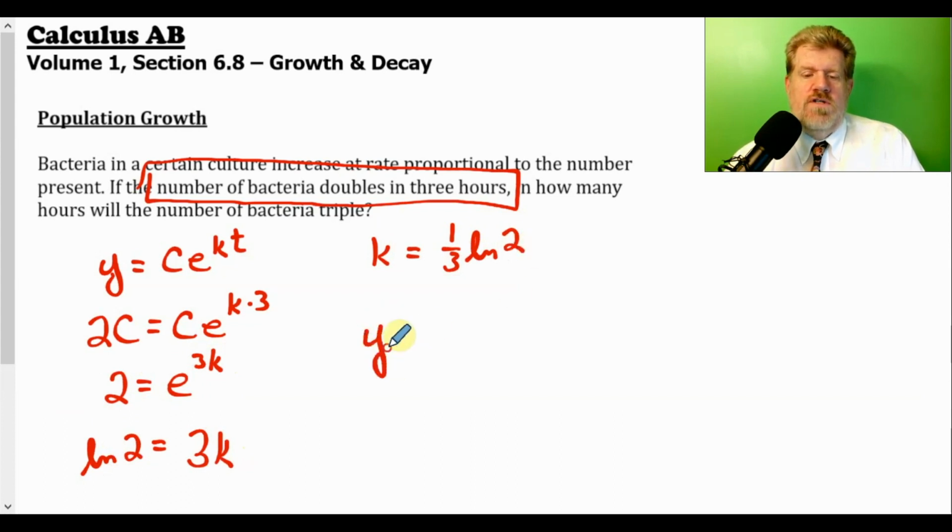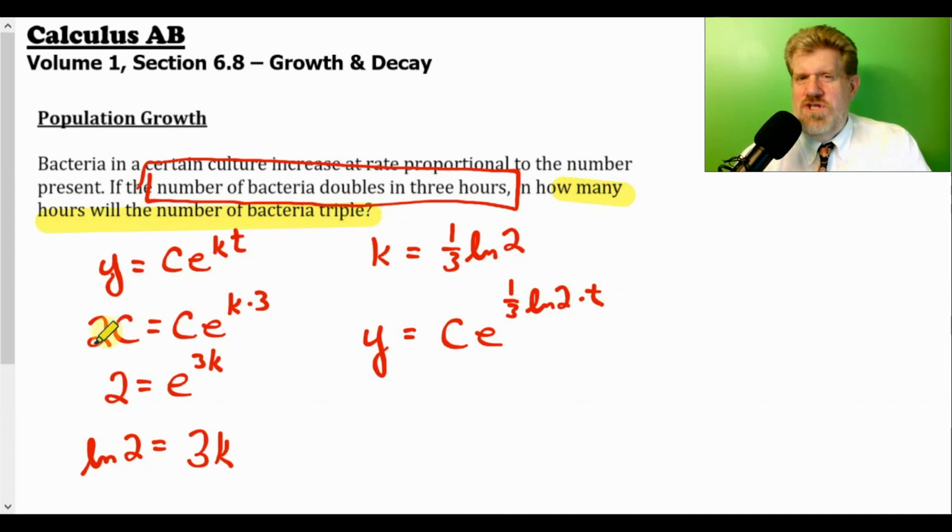So my equation that I have so far is this: 1/3 natural log of 2 times t. Now can I answer my question? The question being, how many hours will the number of bacteria triple?